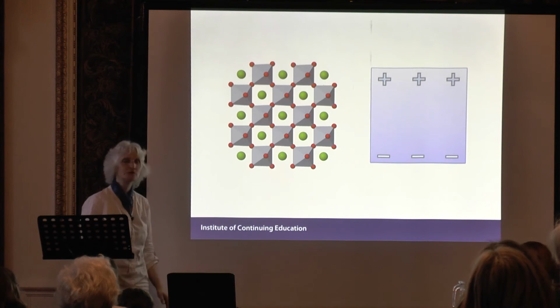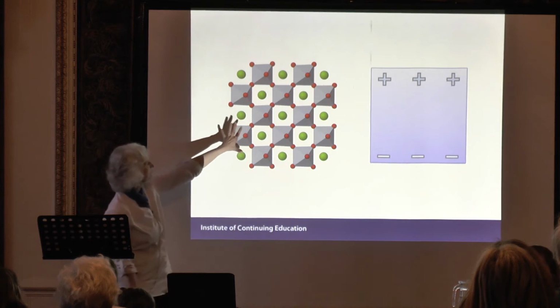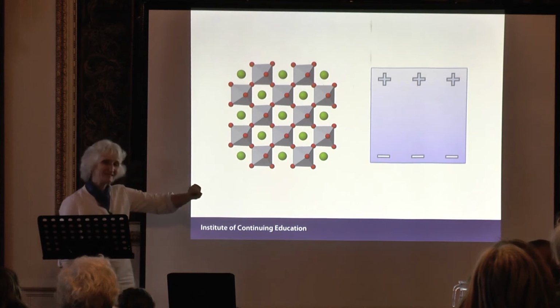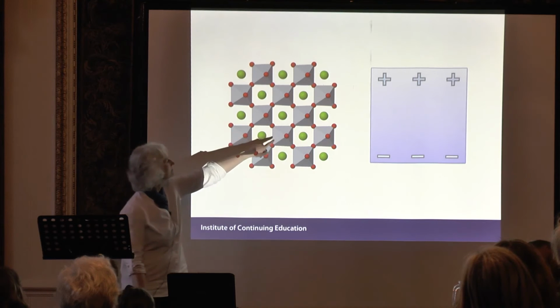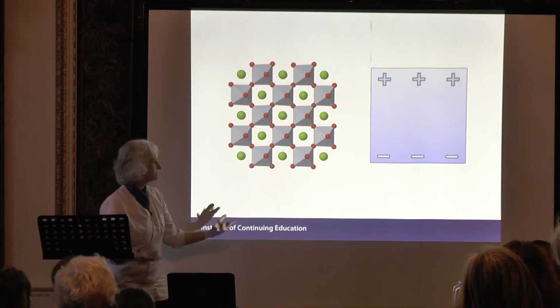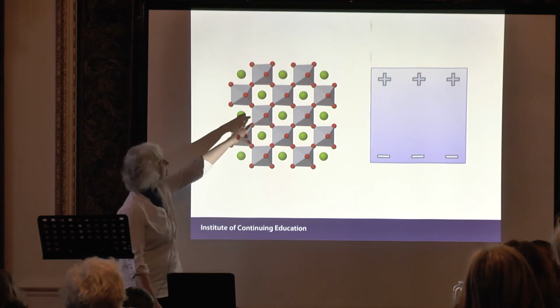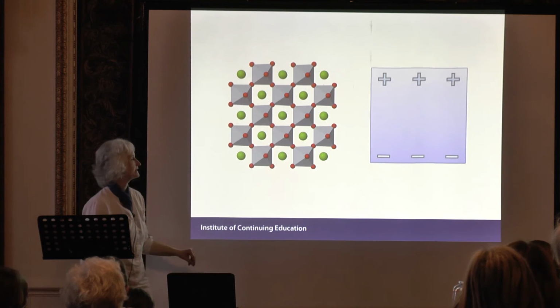And that's exactly what happens in barium titanate and other piezoelectrics. If you look at this picture of barium titanate, it's actually not quite straight. If you look at all of these octahedra, using a rather unscientific word, they're slightly wonky. Everything has rotated a little bit.